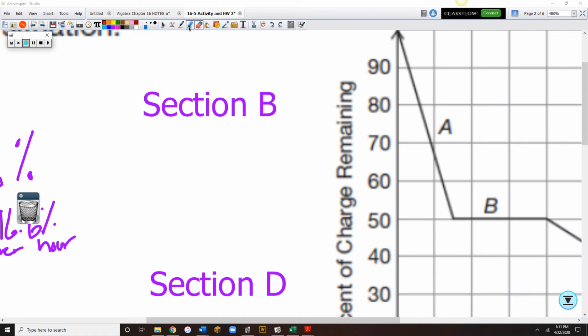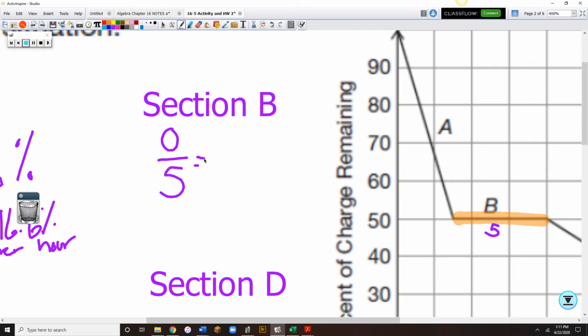In section B, it is completely flat, which we talked about on the previous screen, but now we're going to talk about it in a mathematical way. If it's flat, that means the y value didn't change. So our change in y would be 0, and our change in x is 5.